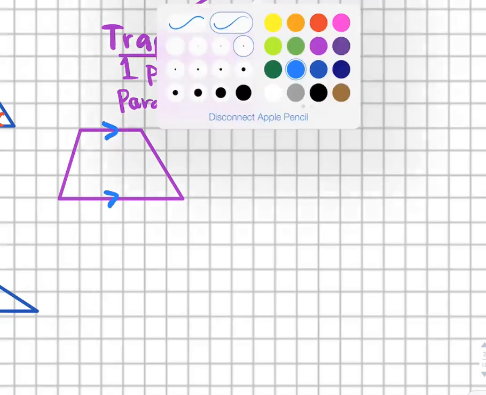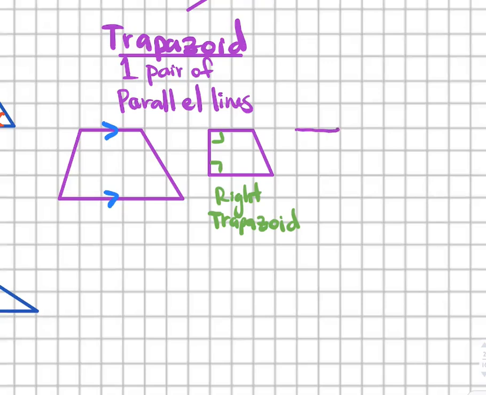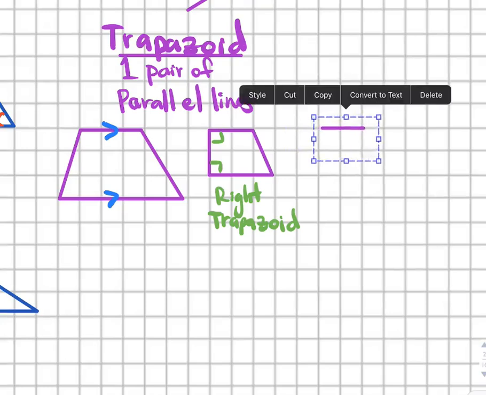You can also have a trapezoid that looks like this. And this is a right trapezoid, because it has two right angles. Call this a right trapezoid. And you can also have an isosceles trapezoid, which is probably the most common one that you see people draw.